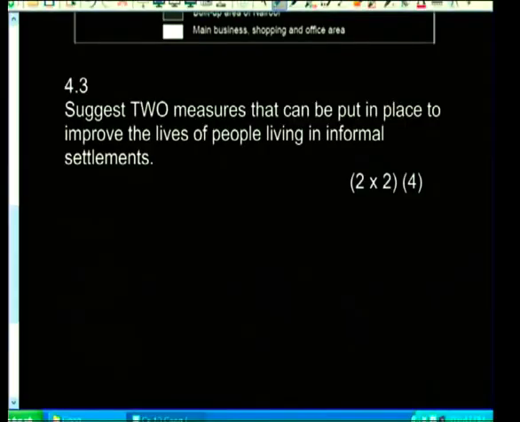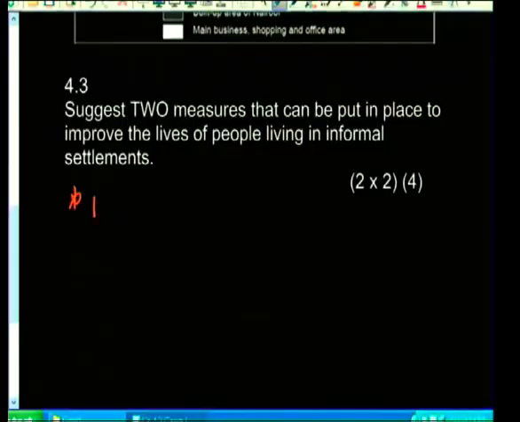Staying with question 4 and staying with our same diagram, it says suggest 2 measures that can be put in place to improve the lives of people living in the informal settlements. And most importantly, to improve the lives of people that are literally living with nothing is the provision of services.